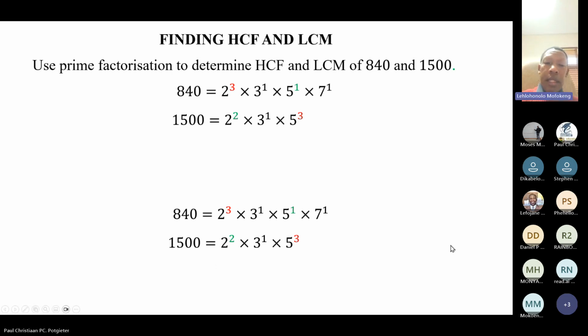Right. Now we have to look for the highest common factor first. For us to find the highest common factor, we have to look into these 2 numbers.